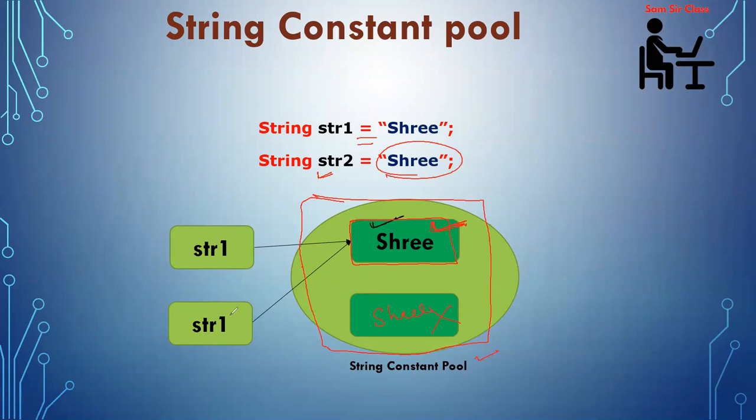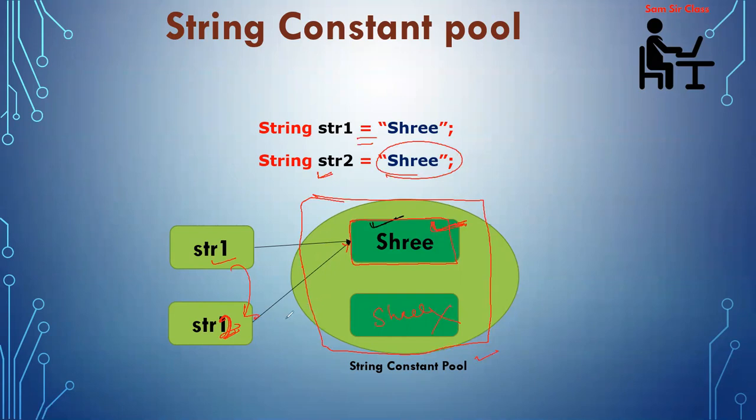What it will do, this is a typing mistake, so this str2 will point to the same object reference. So it simply creates another reference variable to the same object and copies the reference number of str1 to str2. Okay, so we have the same value in str1 and str2.